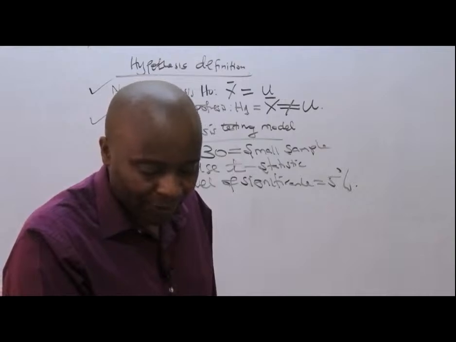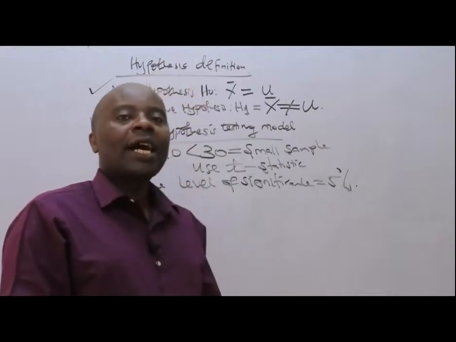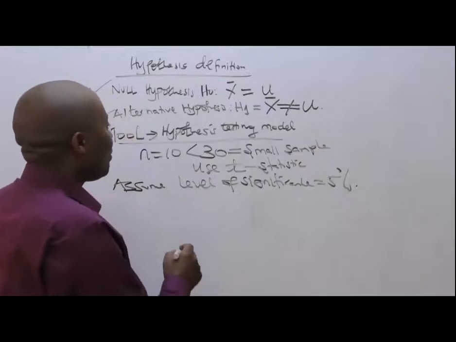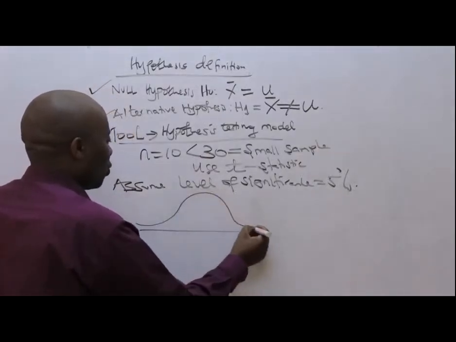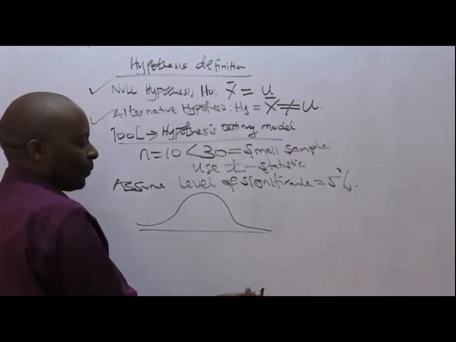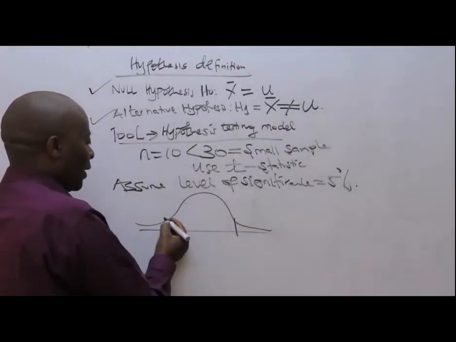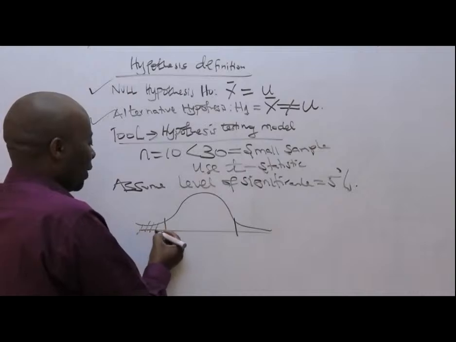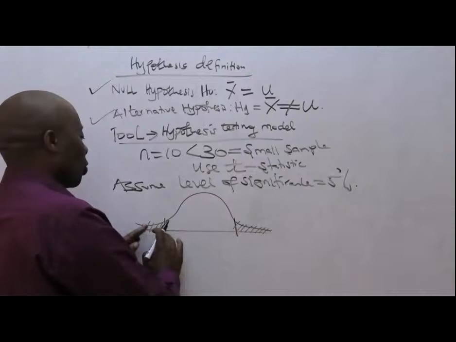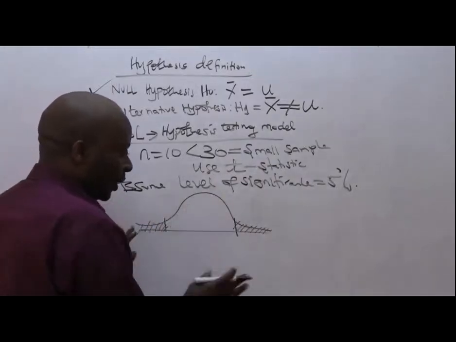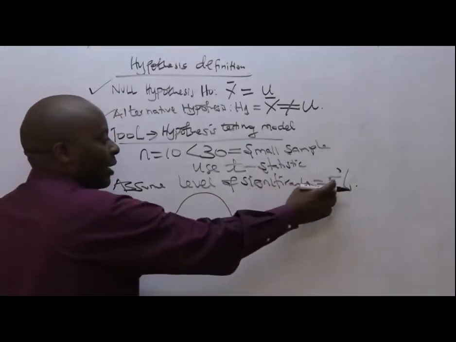Now, ladies and gentlemen, if it's 5%, I'm going to put down my T model. The T sketch looks just like the normal Z, but this time around, it is going to have 2 tails. I'll explain why. The total area of the tails must carry the entire 5%.